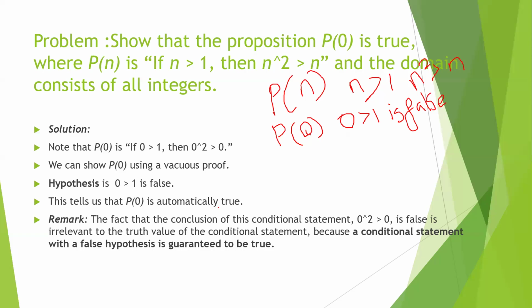So this tells us that 0 squared is greater than 0. Is 0 squared greater than 0? No, it's false. But if P is false, then P implies Q, that is P(0), will be true automatically.